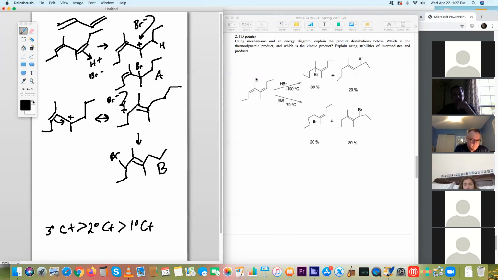So you've got the two products here, which I'm calling A and B. Here and here, A and B. I'm going to have to remove these because I need this space to draw some other stuff here.